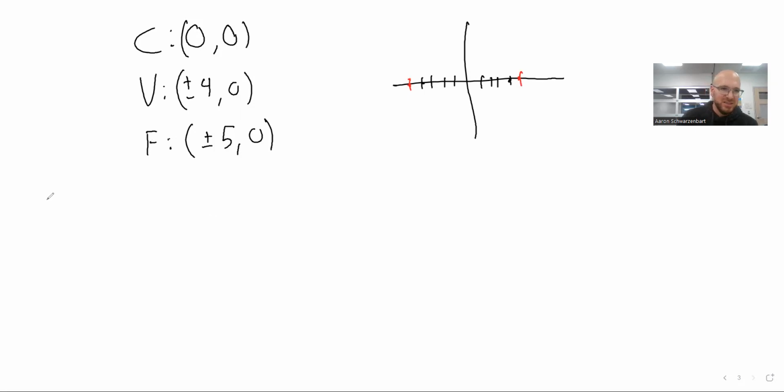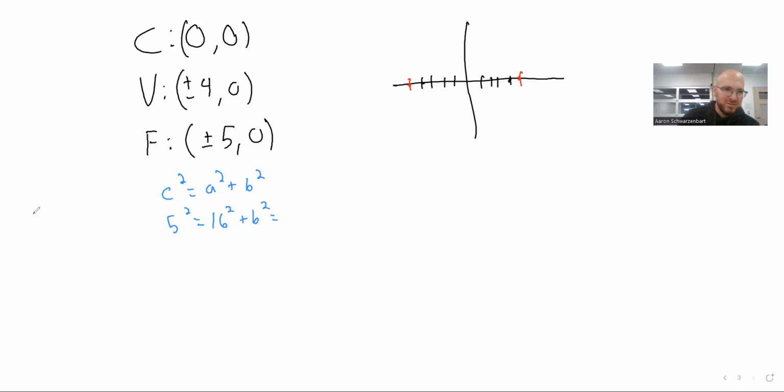Okay. First thing I'm going to do here is find b. So I know c squared equals a squared plus b squared. And c, the distance from center to foci, is 5. A squared is going to be 16.